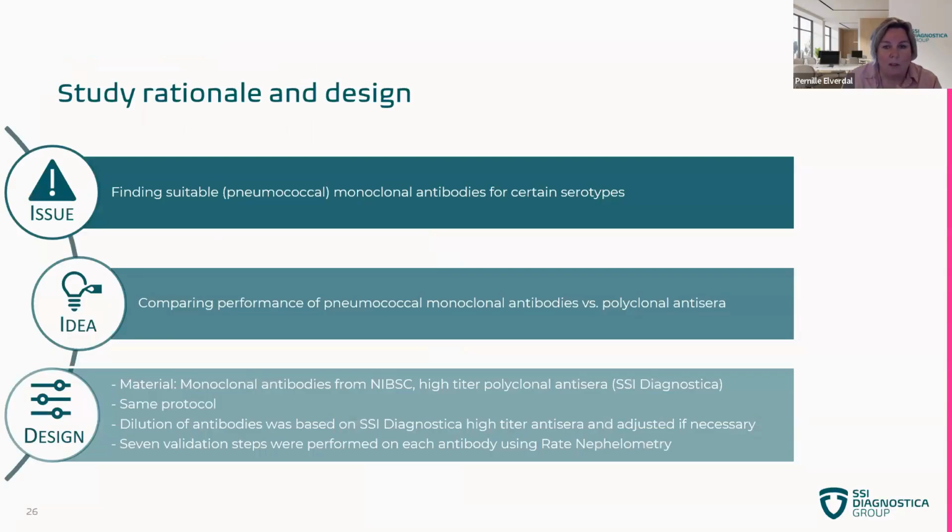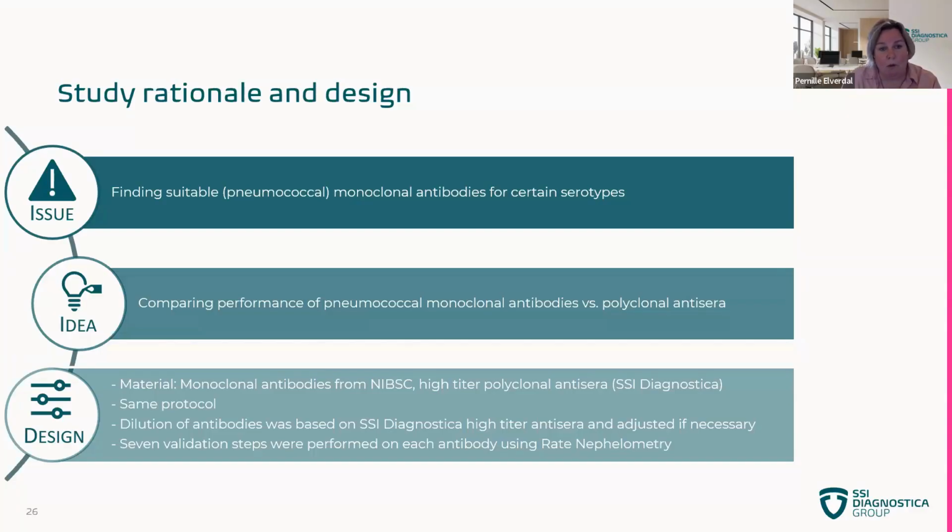The rationale behind the study and the design was to find the suitable pneumococcal monoclonal antibodies for certain serotypes, and compare the performance of the monoclonal antibodies against the polyclonal antibodies. We looked at material from NIBSC and the high titer monoclonal antisera from SSI Diagnostica Group.